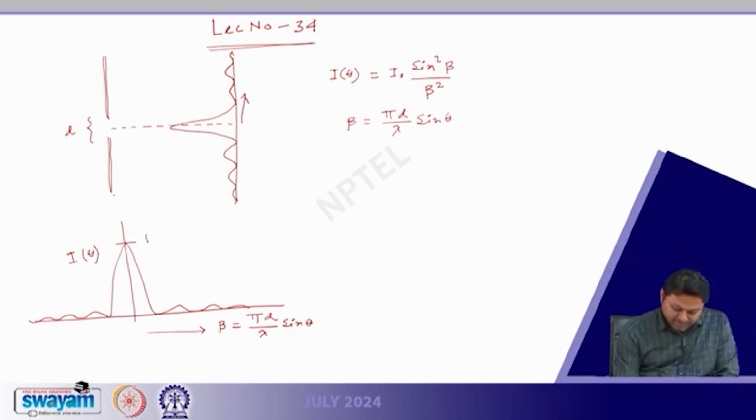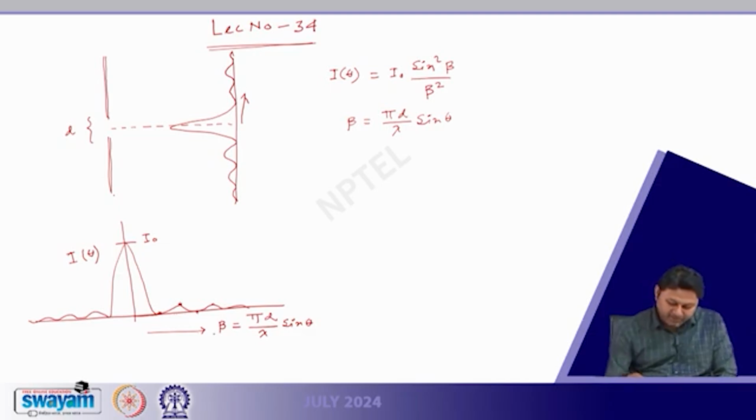This is the maximum intensity which is I naught, and if I move along this direction, I find the intensity rapidly falling, and here it goes to 0 in principle, then again moves up and goes to 0, again moves up, goes to 0 like this.